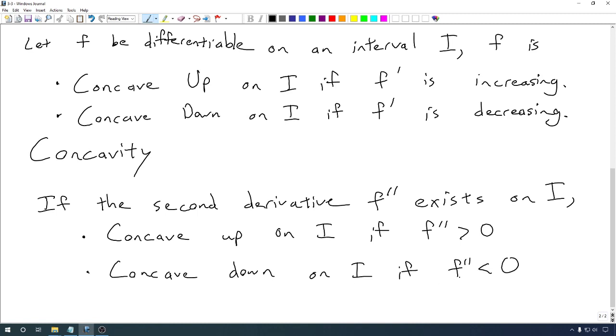Because if the derivative of the derivative is negative, that means the derivative is decreasing. And by our definition, that means that the original function is concave down.